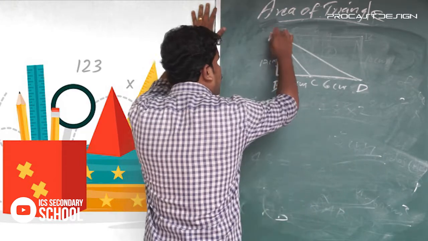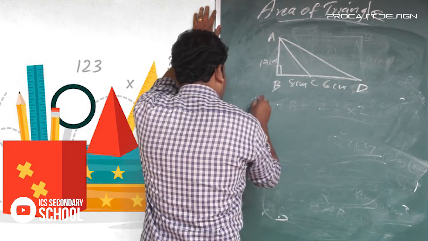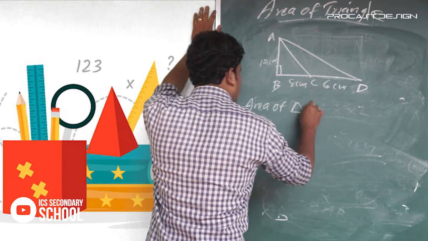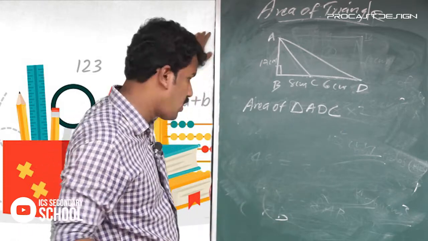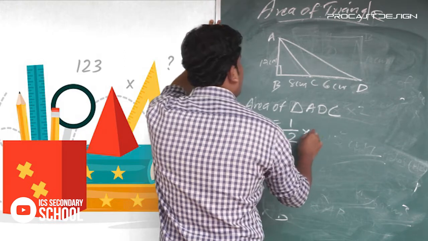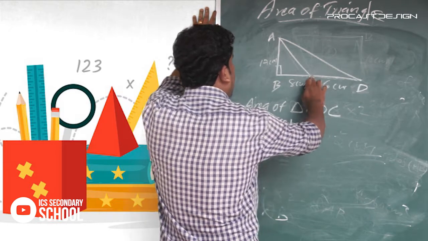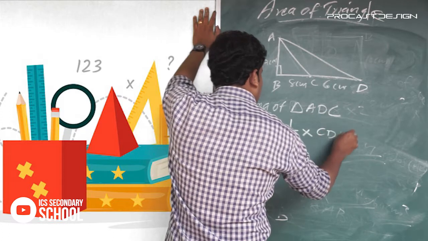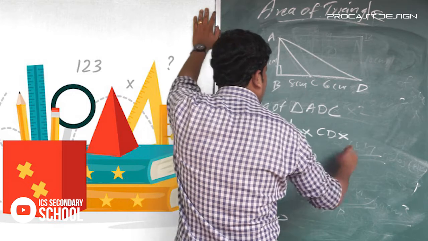Now we calculate the area of right angle triangle ADC. Half into the perpendicular sides, that is CD into AB.